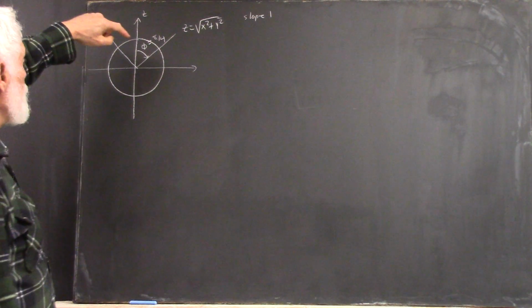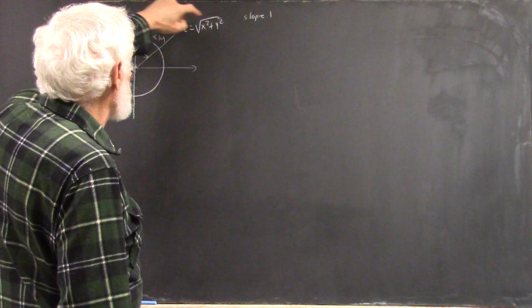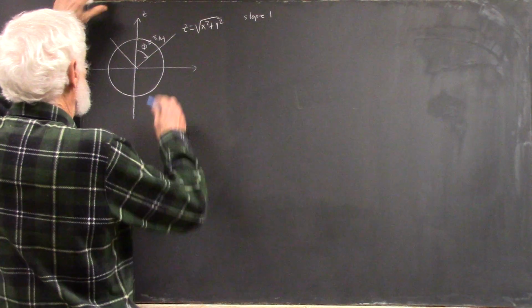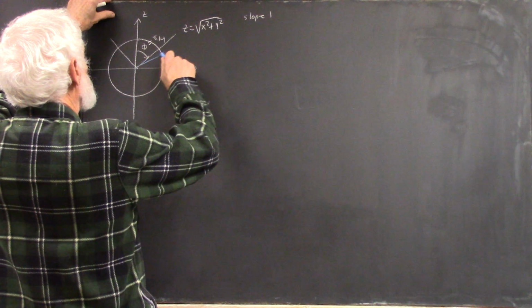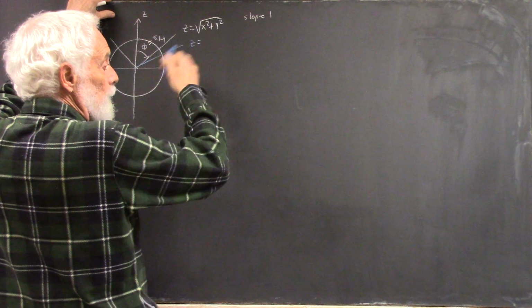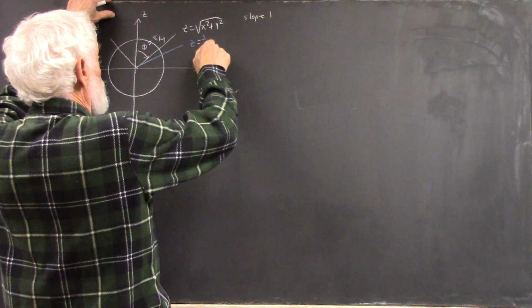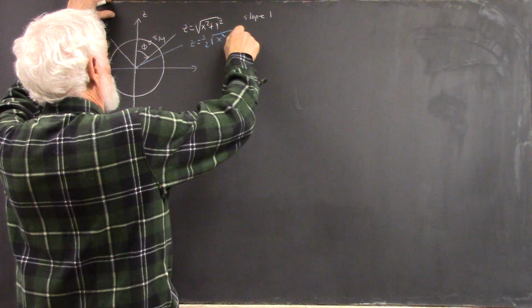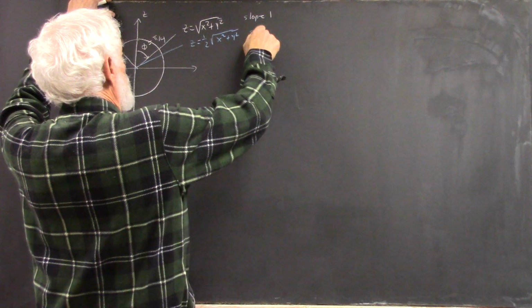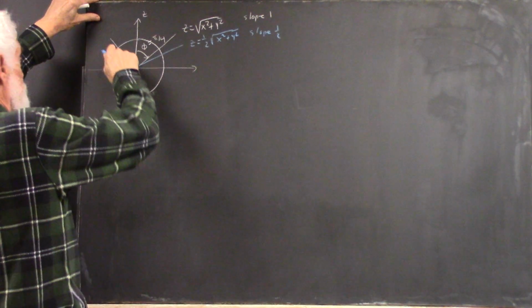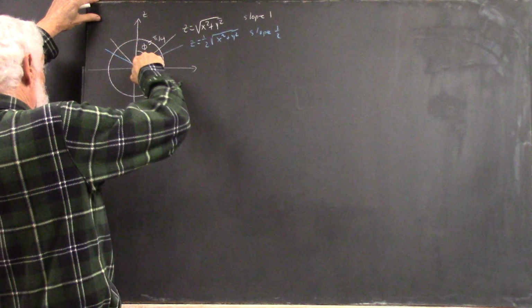Okay, sorry. So we have this, and then we have, I think it's given in the book as 2z equals the square root of x squared plus y squared. We write that as z is the square root of x squared plus y squared, slope 1/2, here and here.